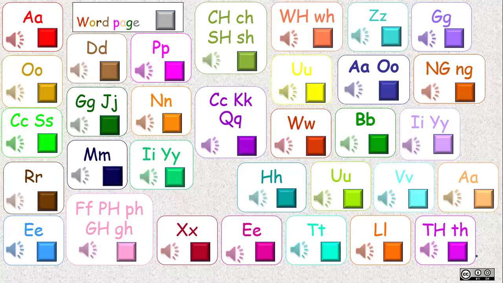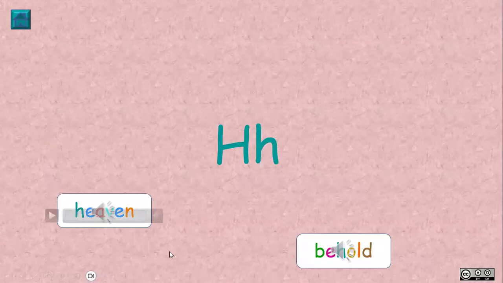It's the only letter that makes that sound in English. And we find it here. Push on the button to take us to the page. And we find the word heaven.